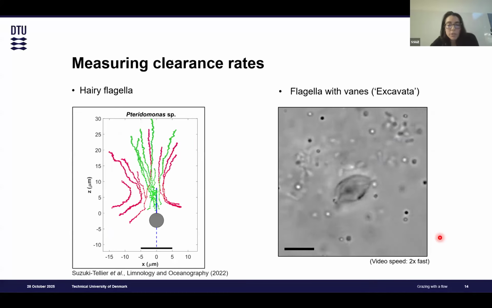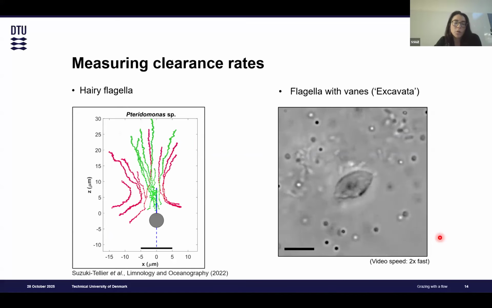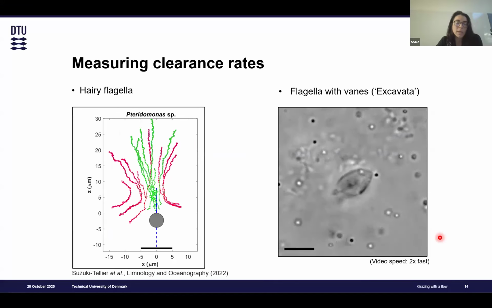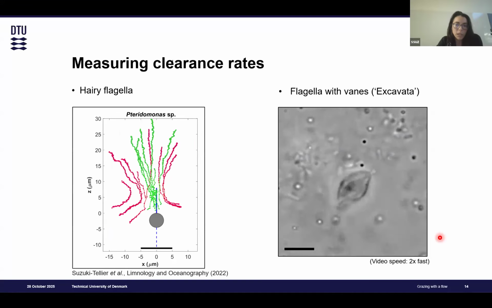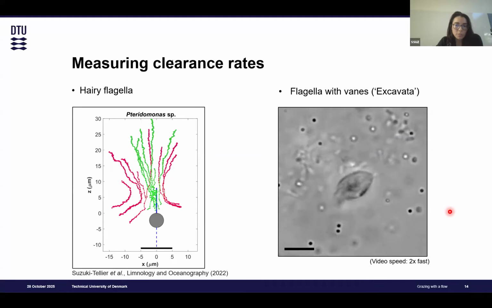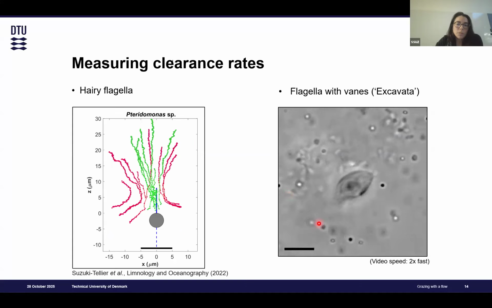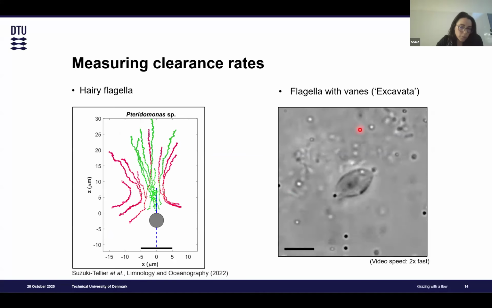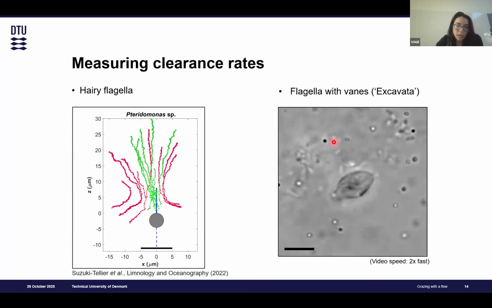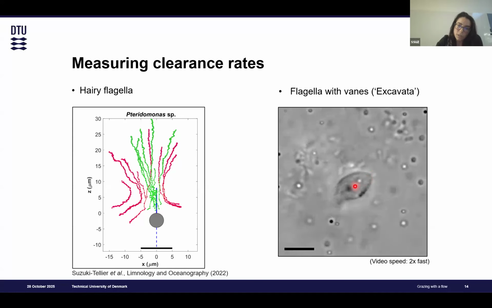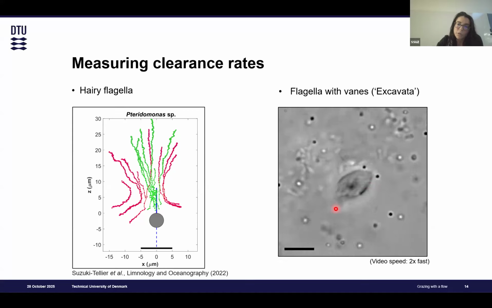We have measured the clearance rates, which are the maximum volume that they're able to scan through their capturing area. We measured them using neutrally buoyant microparticles, manually tracking them as they pass through the capture area.